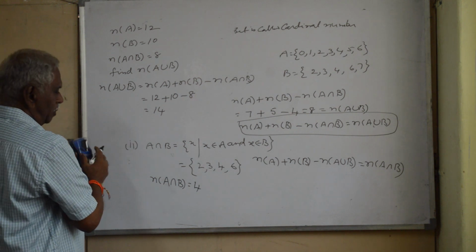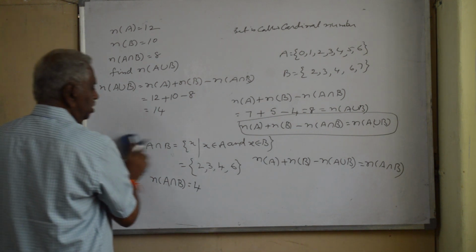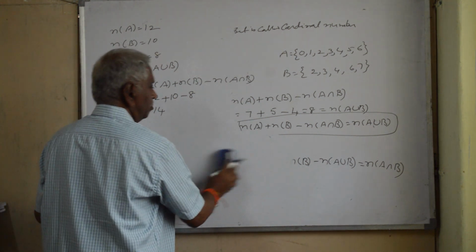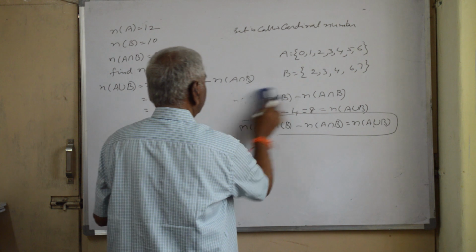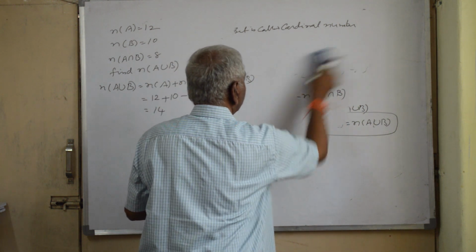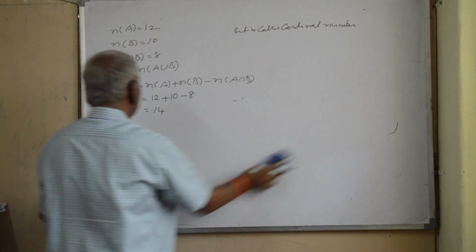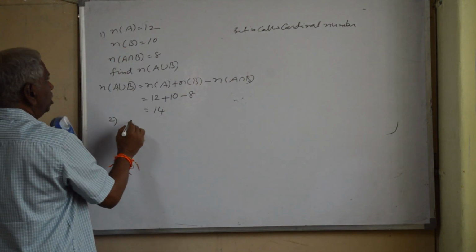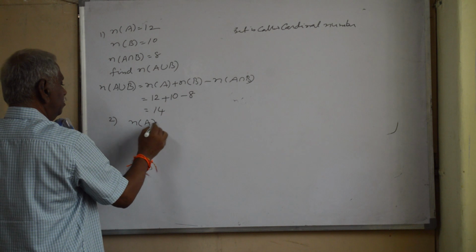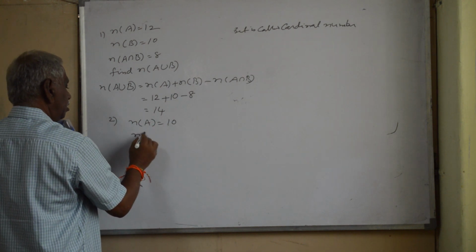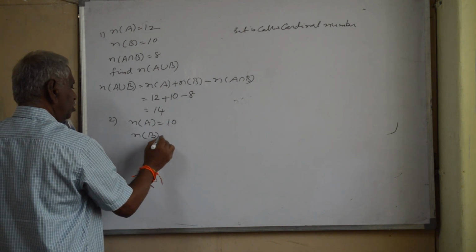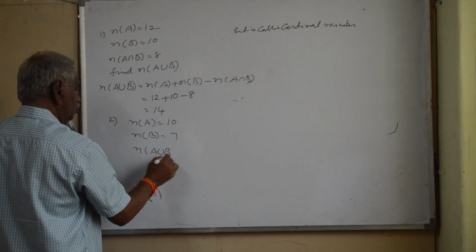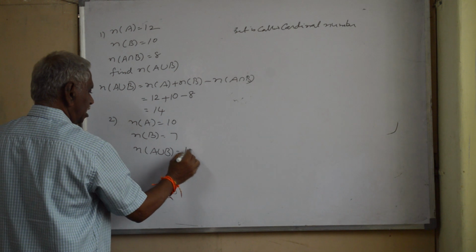This is one way. Another one is the second type of problem. Suppose you are given n of A is equal to 10, n of B is equal to 7, n of A union B is equal to, say, 13.